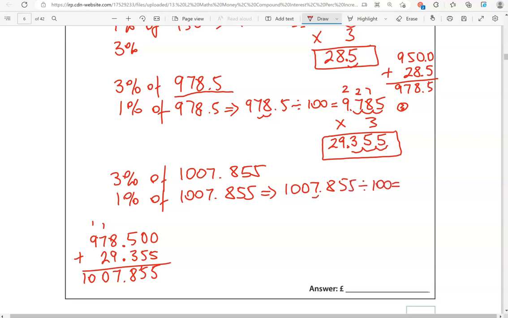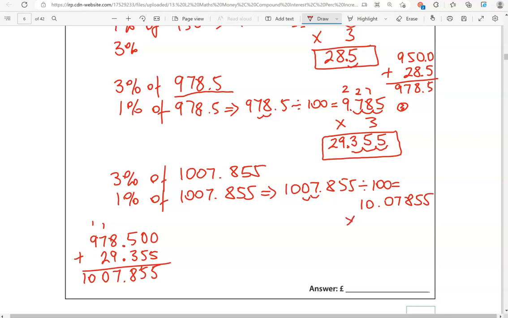So moving the decimal point 2 places to the left, we get 10.07855. Notice how I haven't rounded so far, because you need to try to not round, only do it at the end. I know it's money, and you only have 2 digits after the decimal point when it comes to money, but don't round throughout and then round at the end. It gives you a more accurate figure.